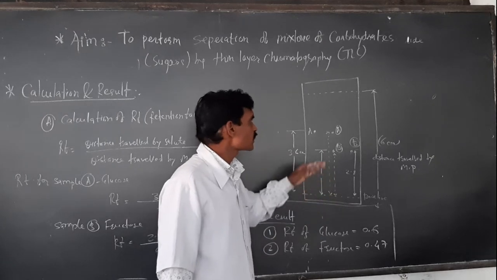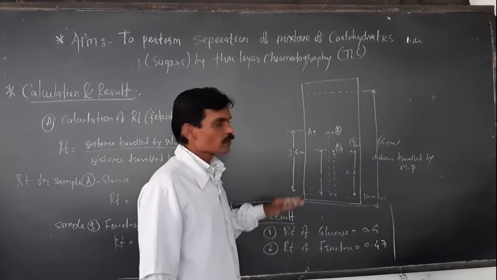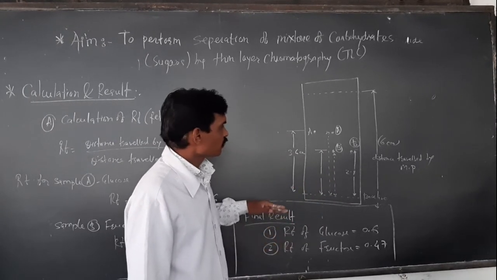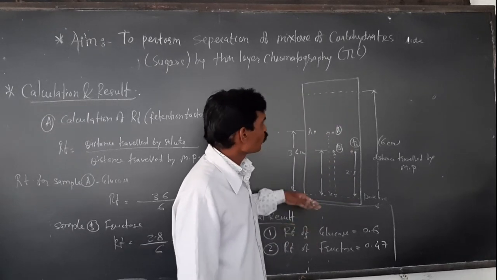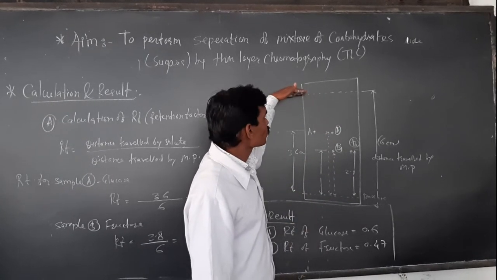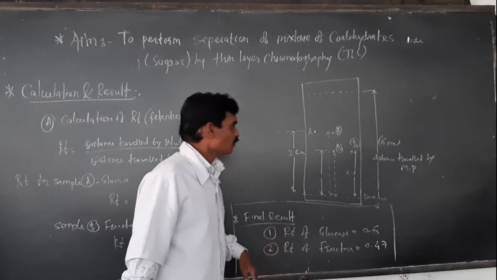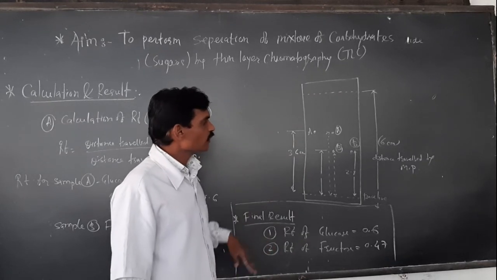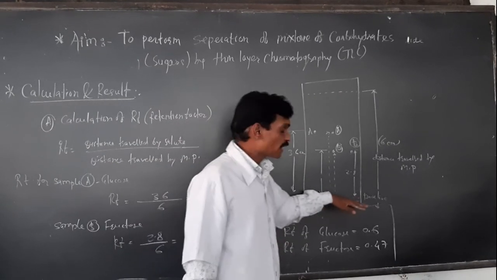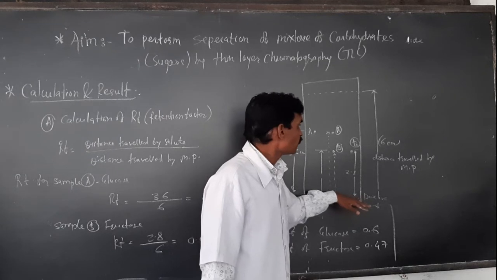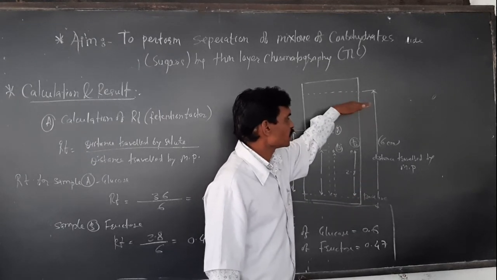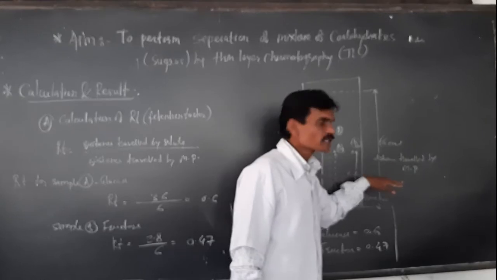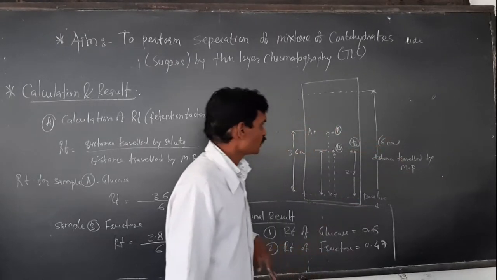We have run this TLC in the TLC chamber, and after some time we allowed the mobile phase to run up to this mark. This is our baseline, and the mobile phase traveled a distance of 6 centimeter.